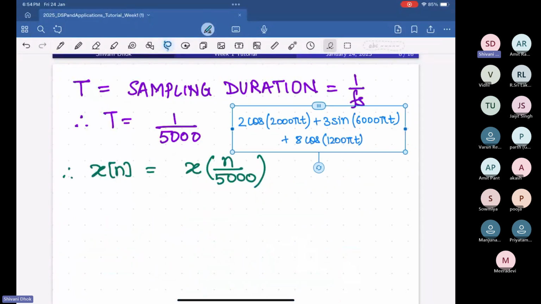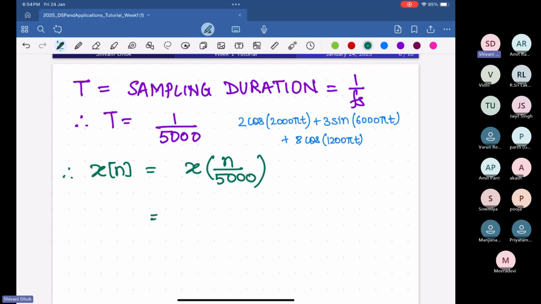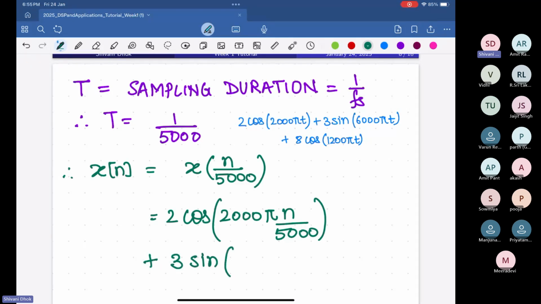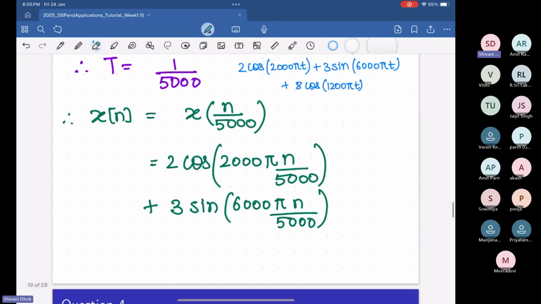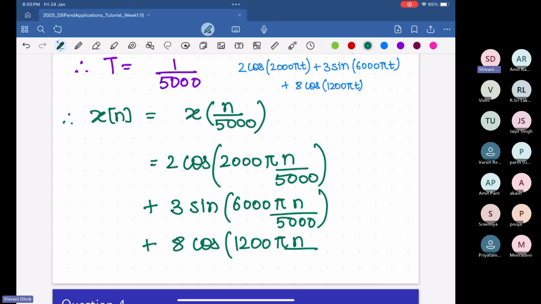Therefore, this becomes 2 times cos of 2000 pi, and my t is now n by 5000, plus 3 times sine of 6000 pi n by 5000, plus 8 times cos of 1200 pi n by 5000.